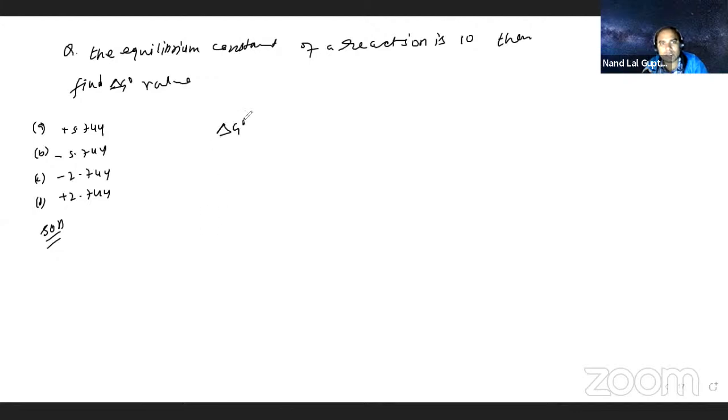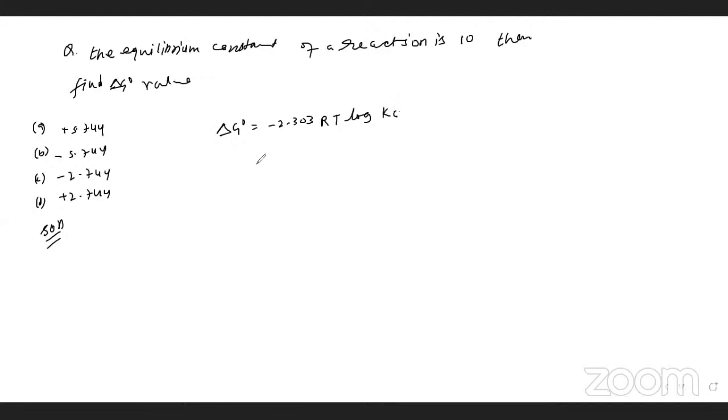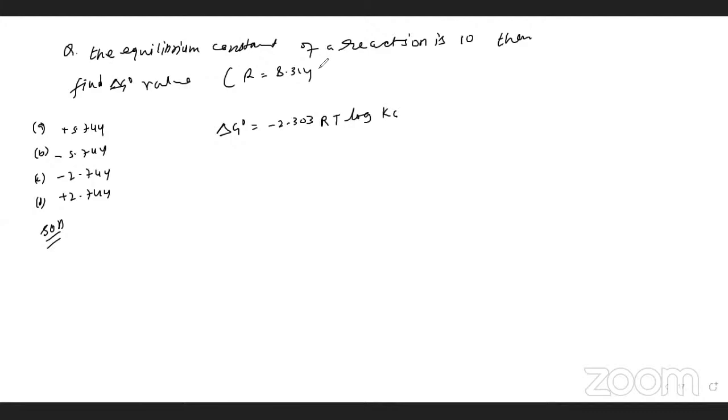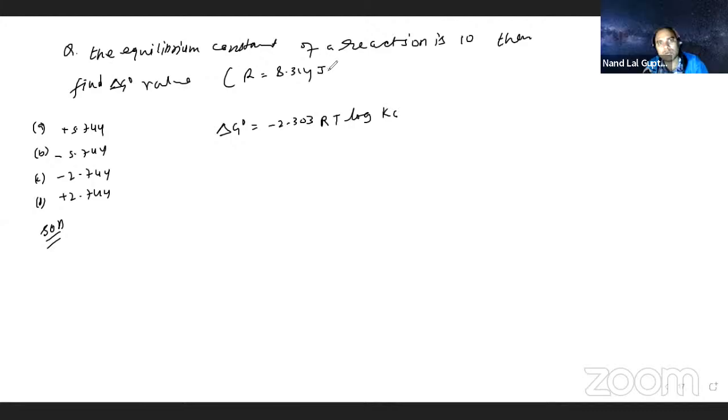Delta G naught is equal to minus 2.303 RT log K. R will be 8.314, because you have to take it in joule. It will be joule per Kelvin per mole. We have to note the R value very carefully with the unit.